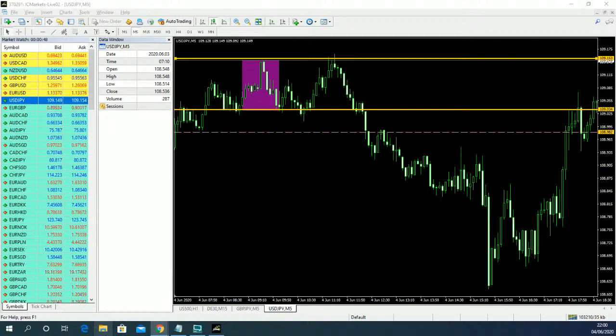Click that link, and when you get to the group, on your right hand side there is a folder called files. Open that folder and under there you see an indicator called sessions.mq4. Copy that sessions.mq4 and put it in your MT4 platform.